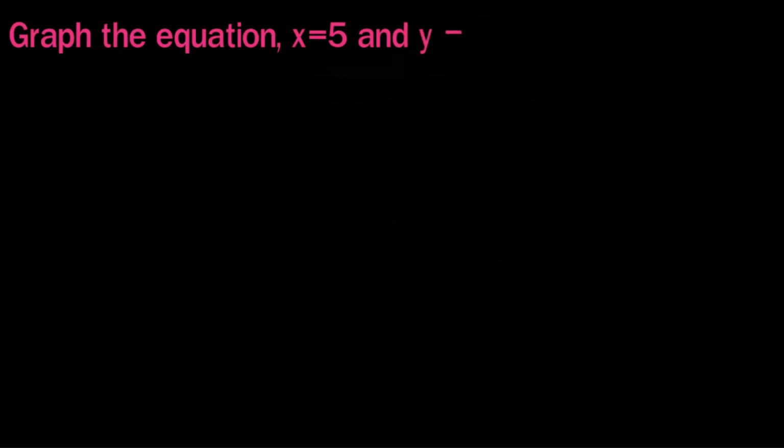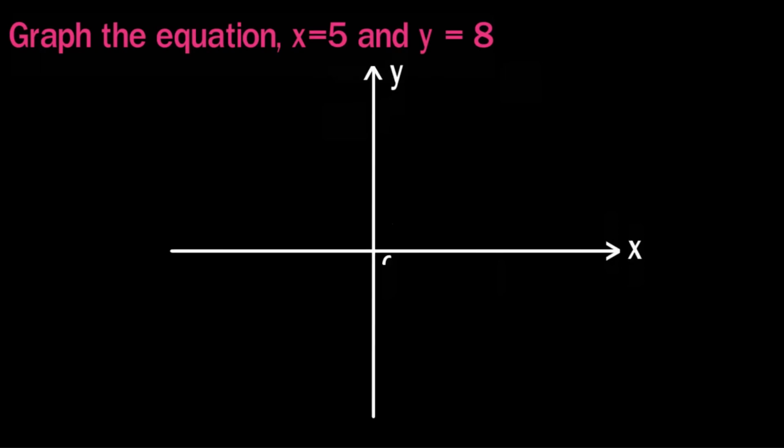So let's try to graph linear equations. Let's say we want to graph the equations x equal to 5 and y equal to 8. First we draw out the y-axis and x-axis. x equal to 5 means that the x value will be 5 for all the points on the line, so x equal to 5 is a vertical line.